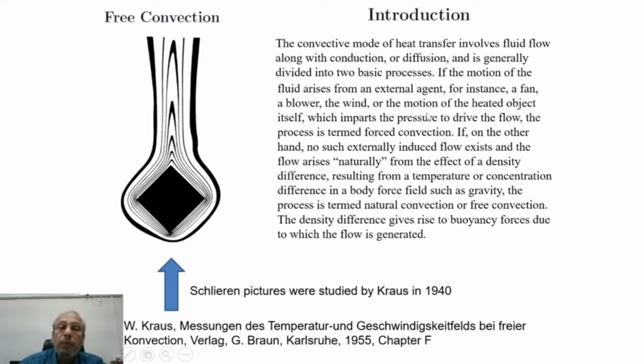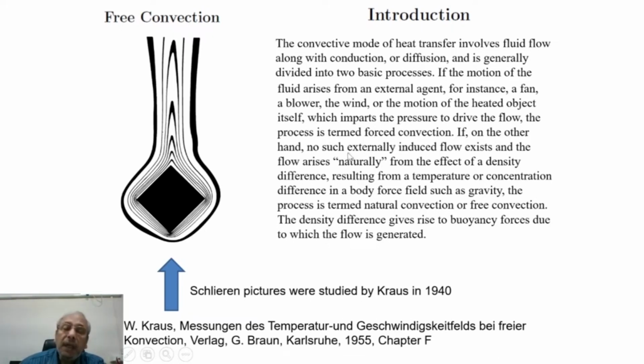If the motion of the fluid arises from an external agent, for instance, a fan, a blower, the wind, or the motion of the heated object itself, which imparts the pressure to drive the flow, the process is termed as forced convection.